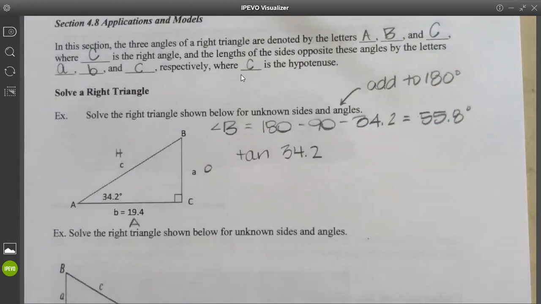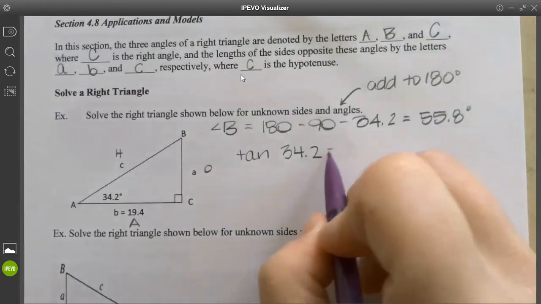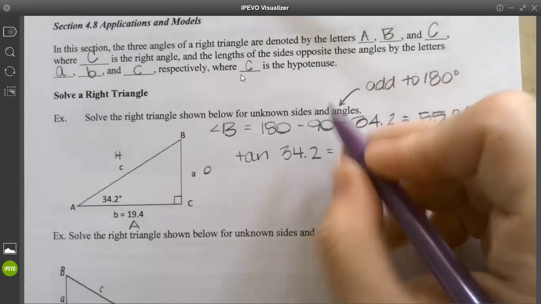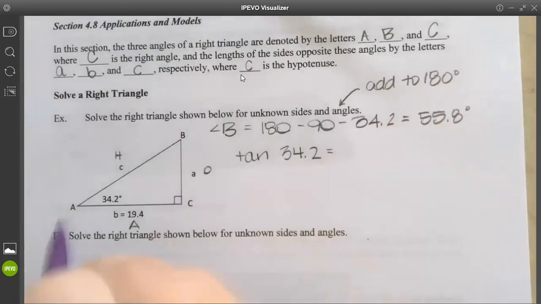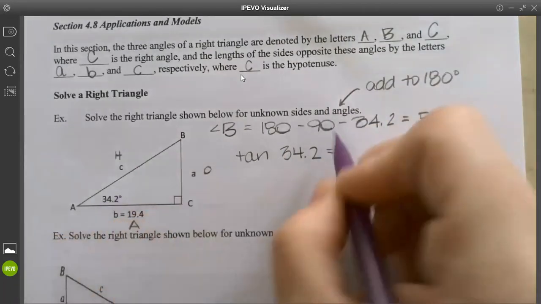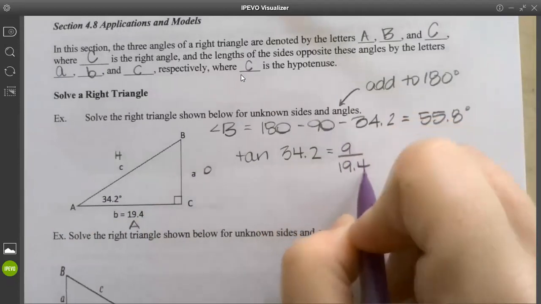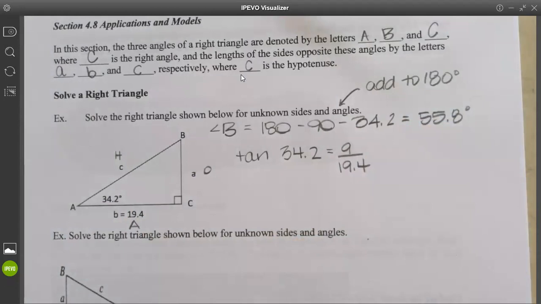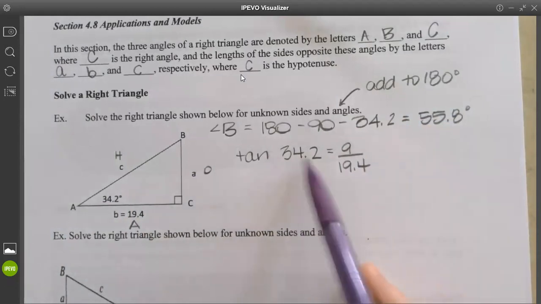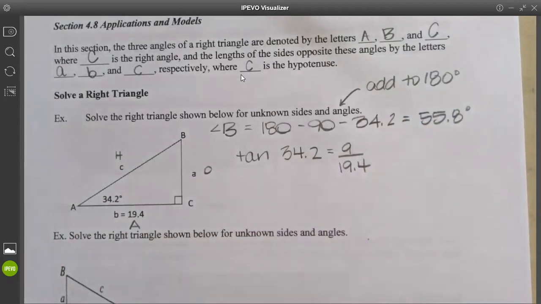What is your ratio for tangent? What's our opposite over our adjacent? And then how do I solve for A? What is 34.2? What kind of units? Degrees.